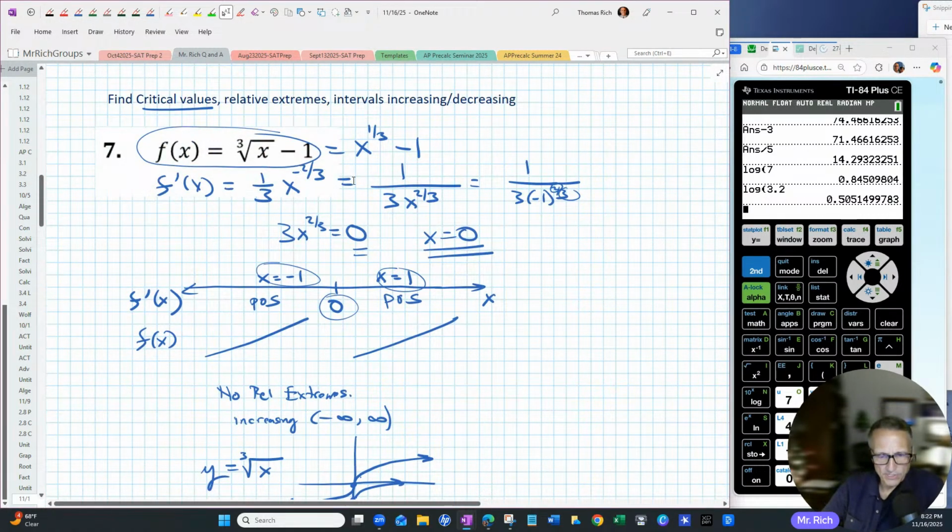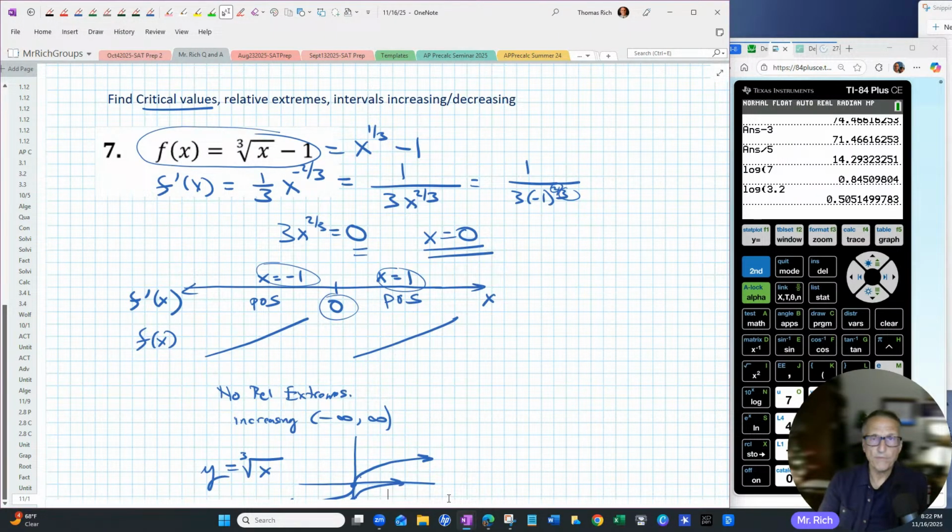Just on a side note, I was talking with a few calc students this week, and I was explaining to them that now that you're in calculus, you have the tools to find locations of where functions have relative extremes, right? Relative maxes and relative mins. And you haven't had that ability in your prior algebra classes.